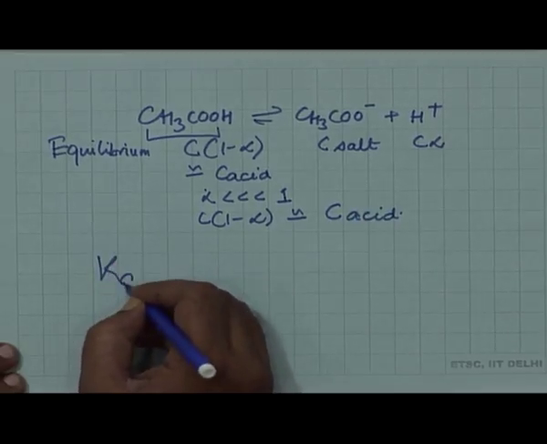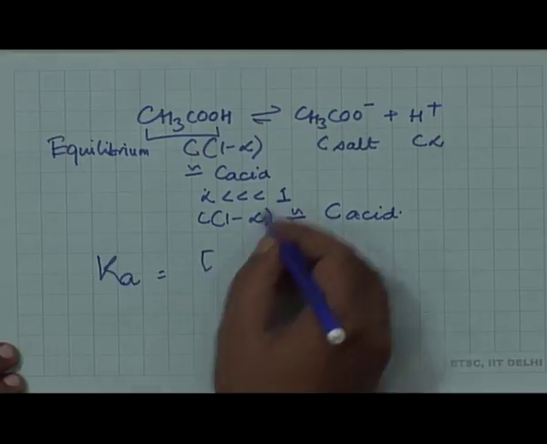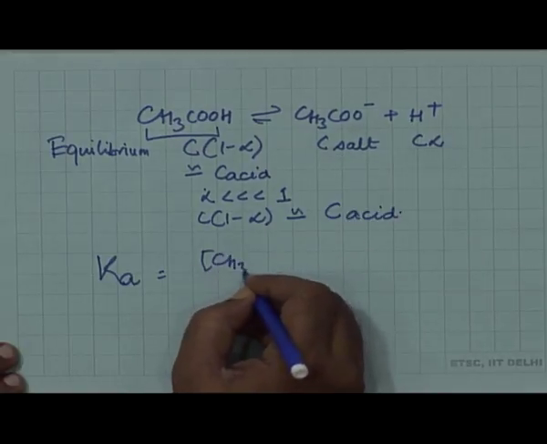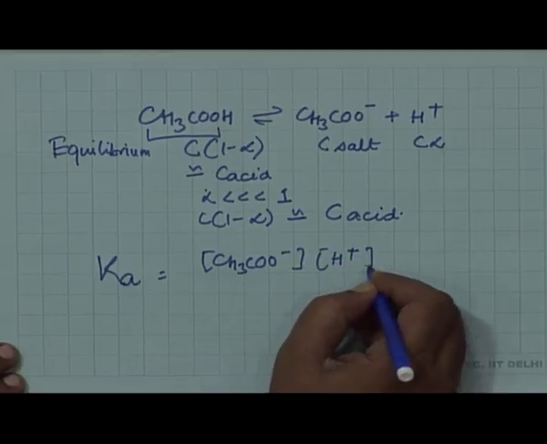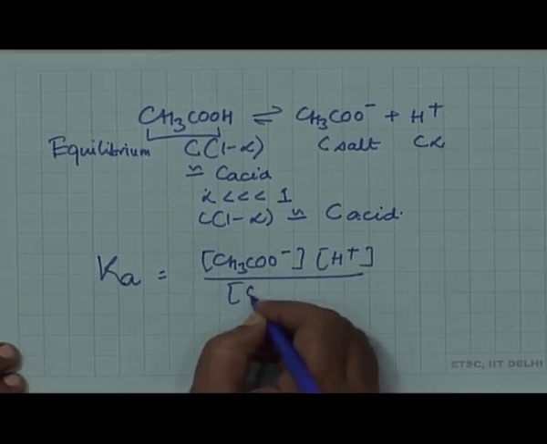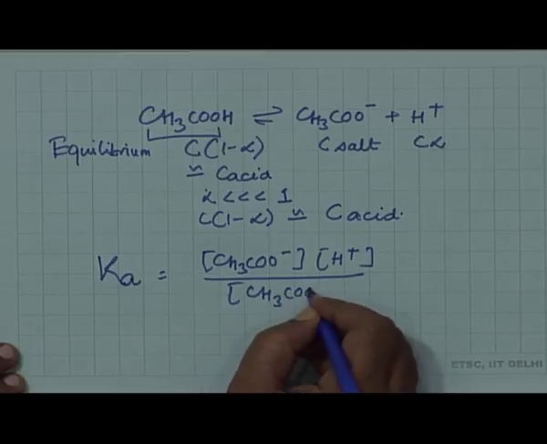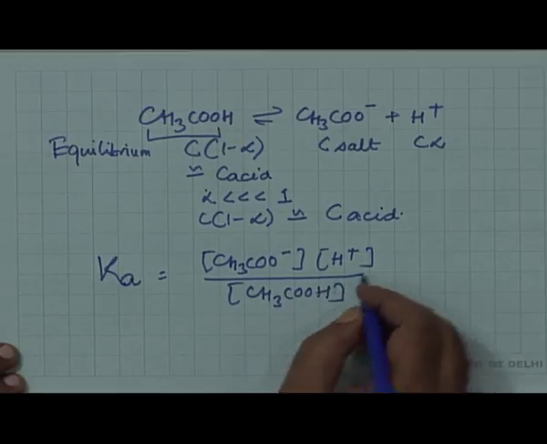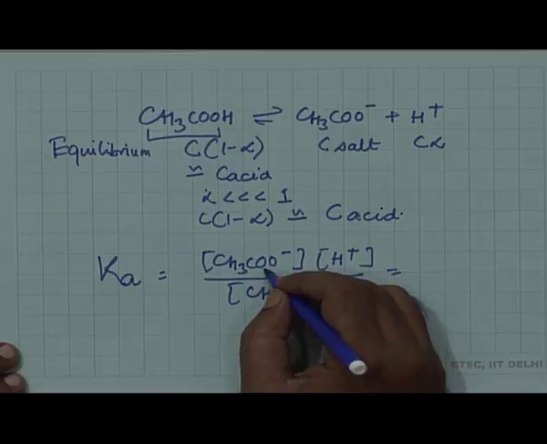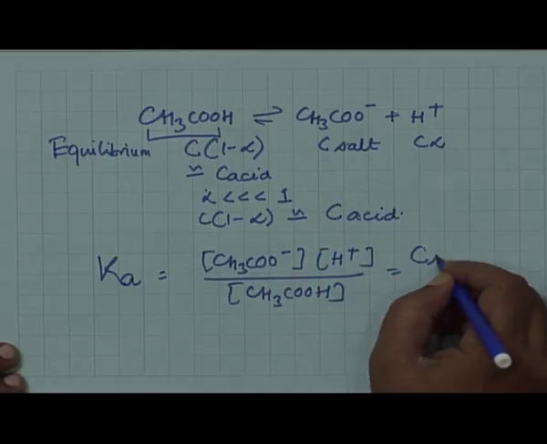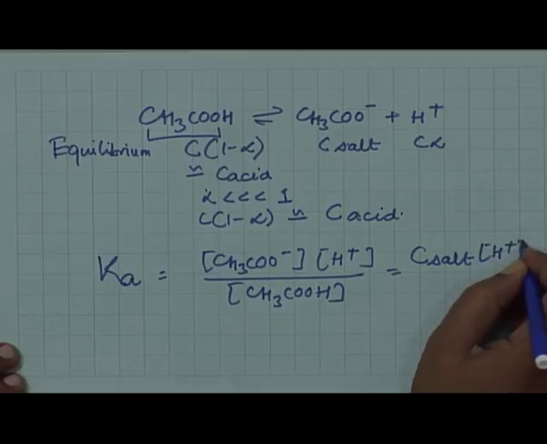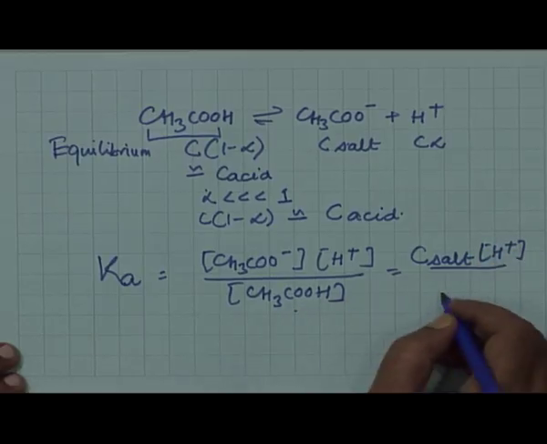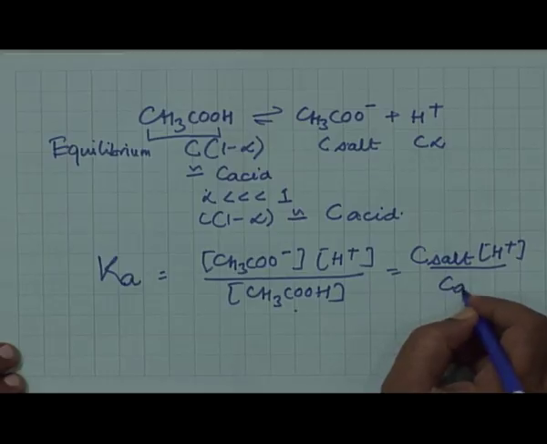Now, if we write Ka, the acid dissociation constant, which is nothing but CH3COO minus into H plus divided by acetic acid, CH3COOH, and this we already know, this is equal to C salt into H plus divided by C acid.